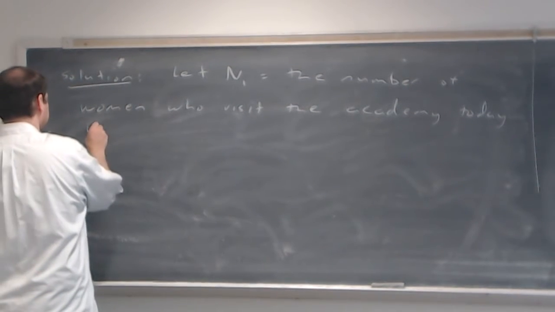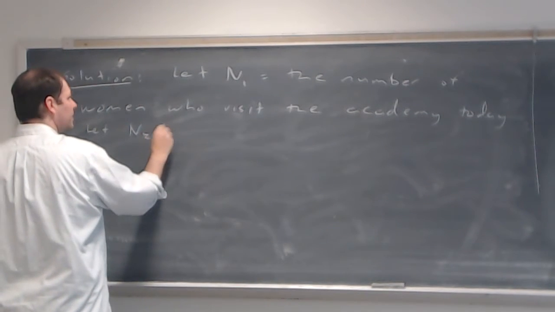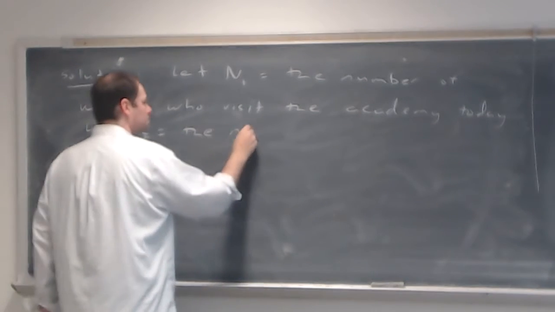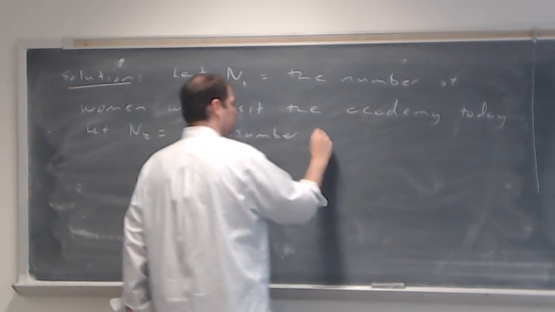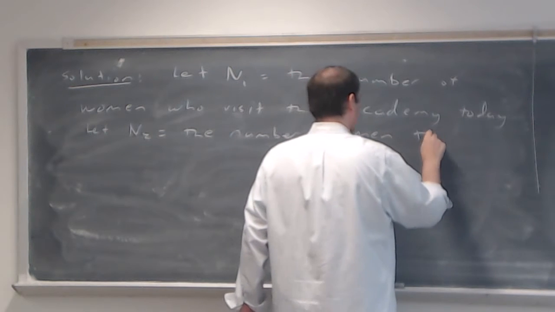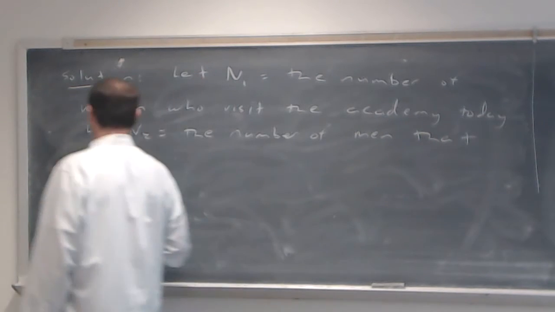We're going to let N sub 2 equal the number of men that visit the academy.